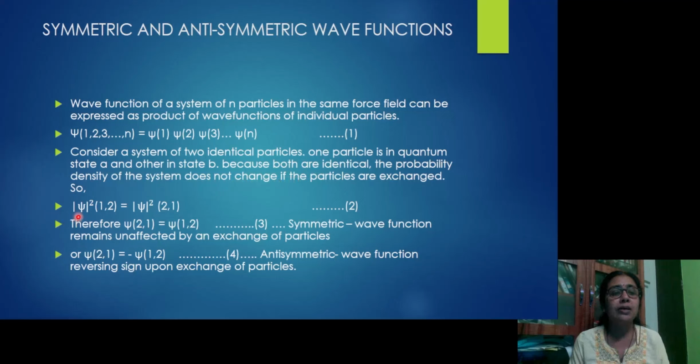So one can write mod psi square (1 2) is equal to mod psi square (2 1), where this is the probability density that particle 1 is in state A and particle 2 is in state B, and this corresponds to the system where particle 2 is in state A and particle 1 is in state B.